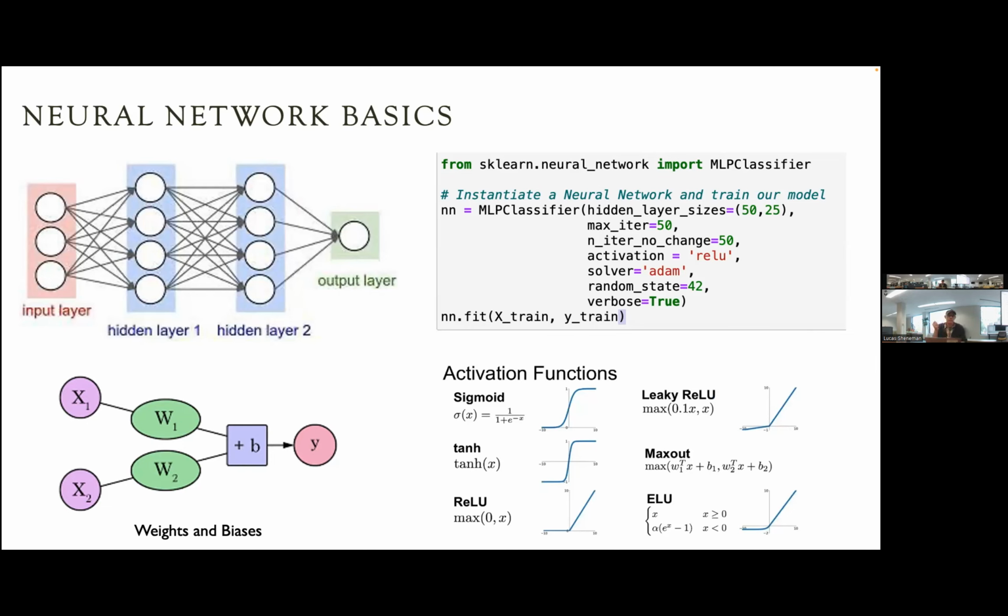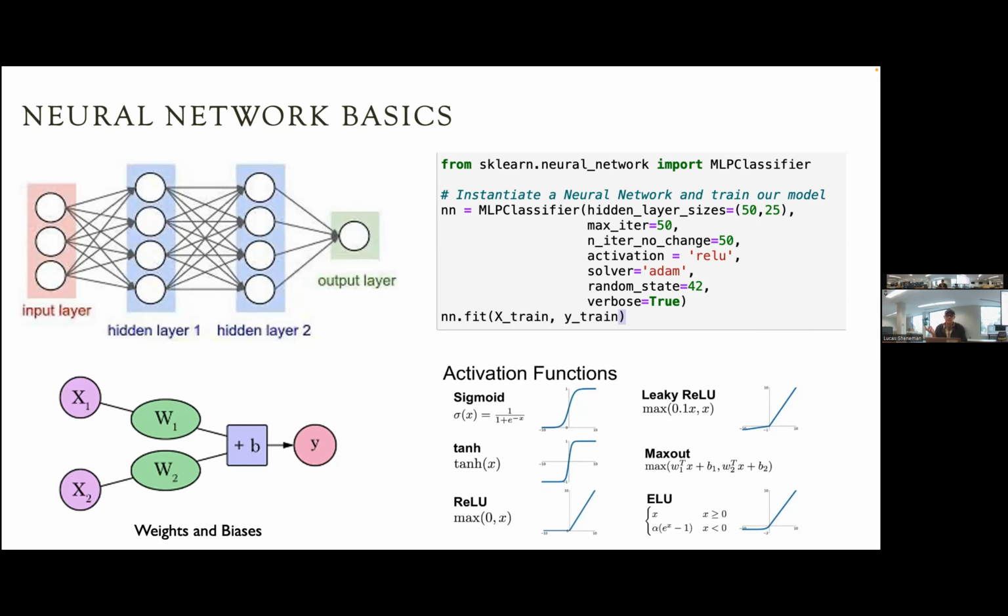Really what you're trying to do is optimize a set of weights. Those weights are associated with the connections between the neurons, and those are just little numeric weights that you can tweak. The neurons themselves have weights, but we call them biases. Those are also trainable parameters in your network.